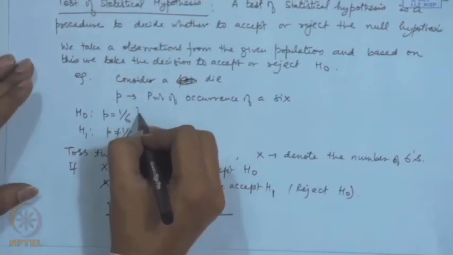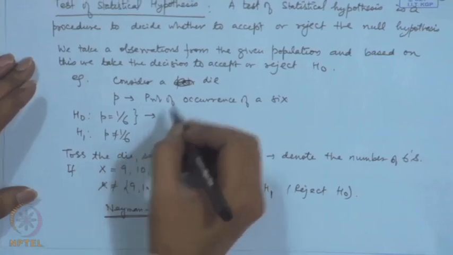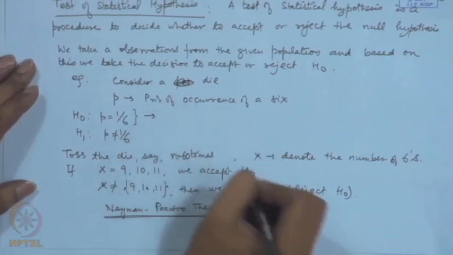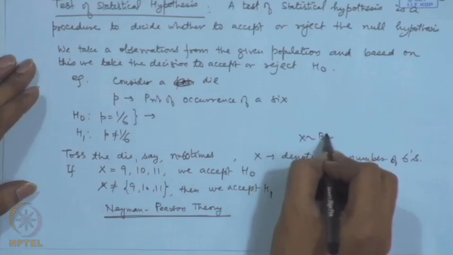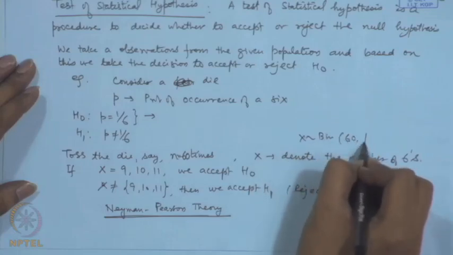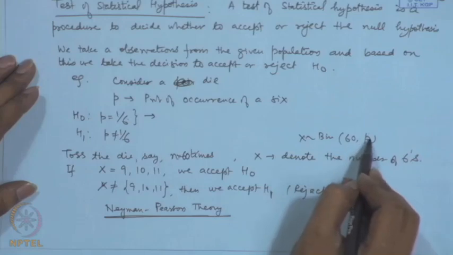Let us consider this problem here. If I say p is equal to 1 by 6, then the distribution of x, the number of 6s, follows binomial 60, p. If I say p is equal to 1 by 6, then the distribution becomes completely specified.